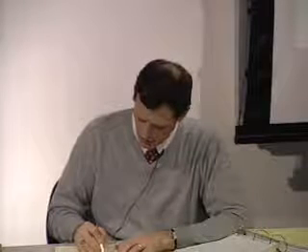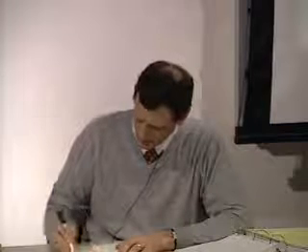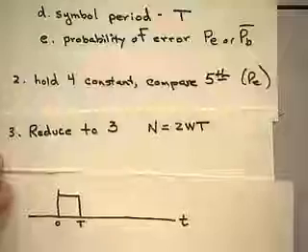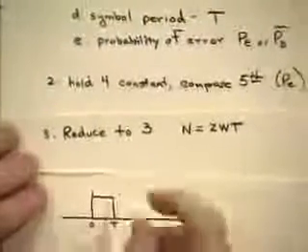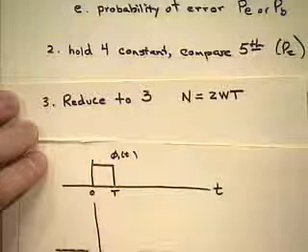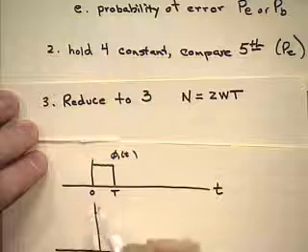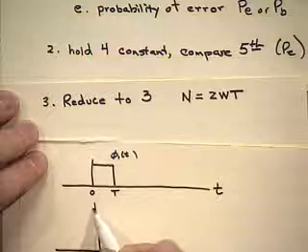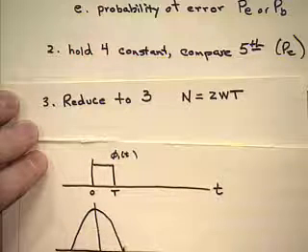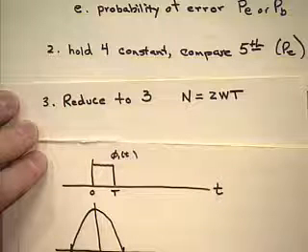If I were to take a basis function in time that looked like this, where it went from 0 to T, so this is phi_1 of t, then its Fourier transform is going to be some kind of sinc function, and basically it's going to go to 0, which is kind of the important thing here, at minus 1 over 2T and 1 over 2T.